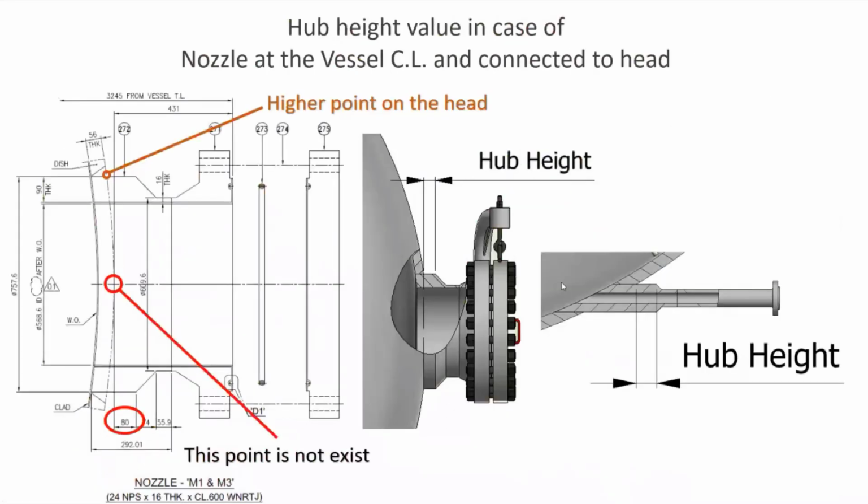Okay, one more point we note for the forged hubs on the head, which is located on the center line of the vessel. Actually, as all of us know, the hub height is measured from the lowest point at the hub.